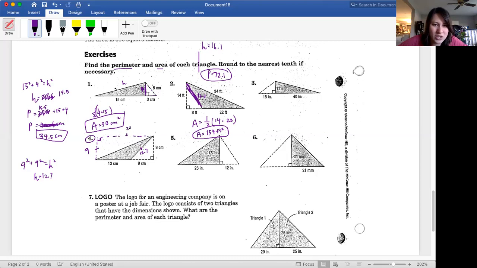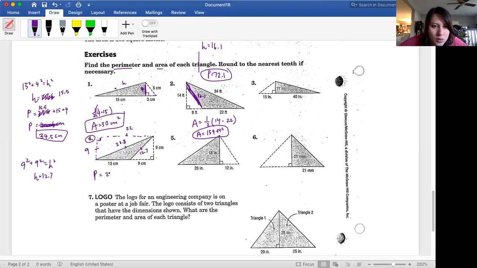So this would be 22, which means now I can find this third side. So you kind of have to think through visually and mentally how to work this out. So 9 squared plus 22 squared, square rooted, it's like what, 23.8, okay?